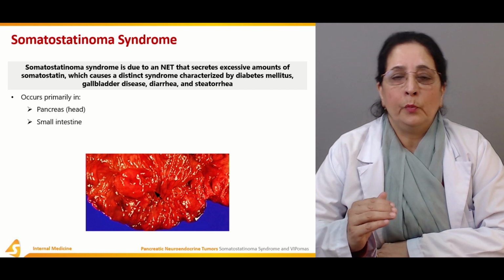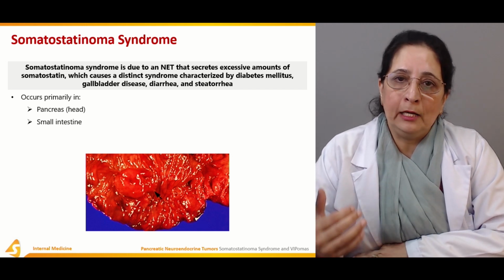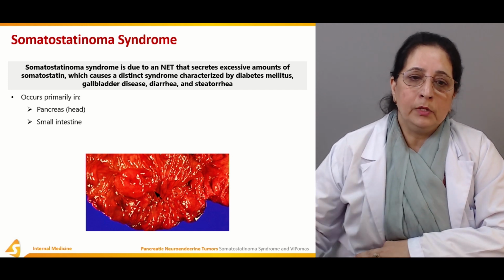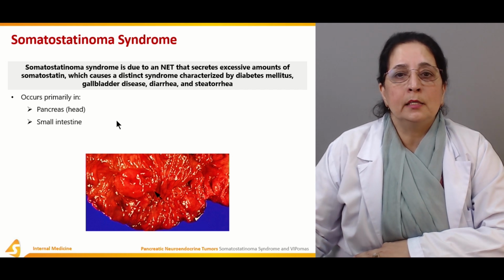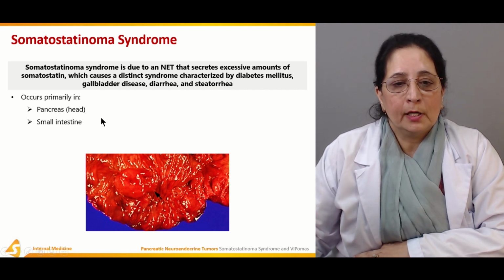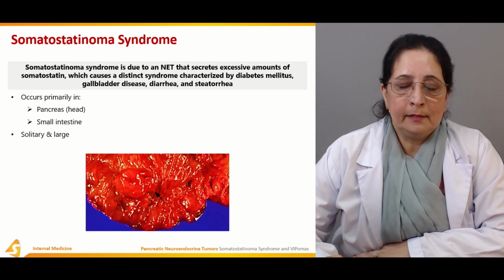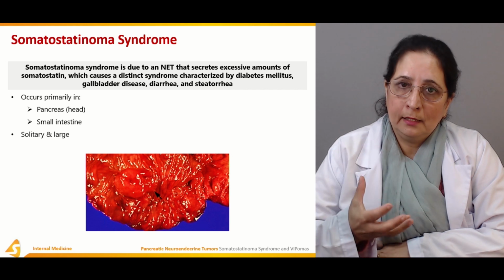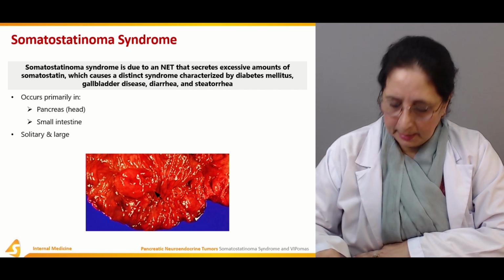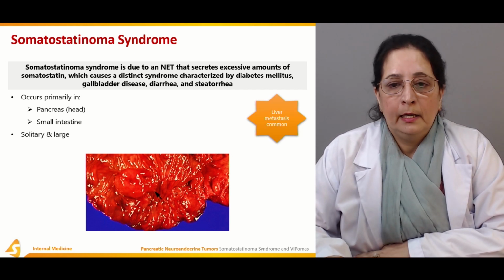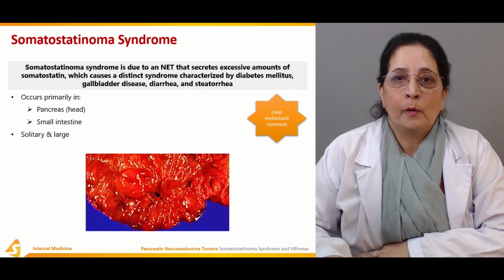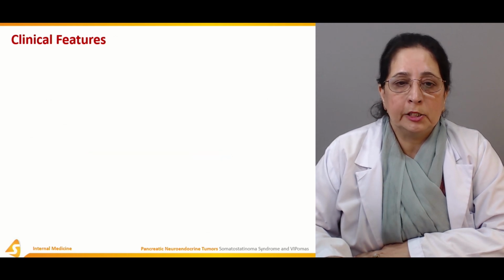The glucagonoma was more in the tail of the pancreas, and now this somatostatinoma is more in the pancreas head. It's solitary and large. It's single and it is large in size. Liver metastasis is common with somatostatinoma.